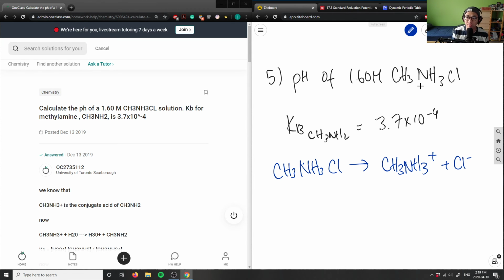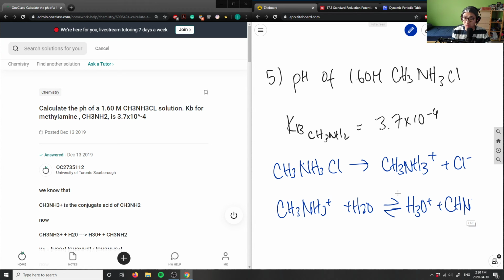And then finally, this here is now my methylamine, and this will then react with water, right? CH3NH3 plus water will be in equilibrium, and I'm going to get H3O plus first, and then CH3NH2, which is going to lose a hydrogen here.